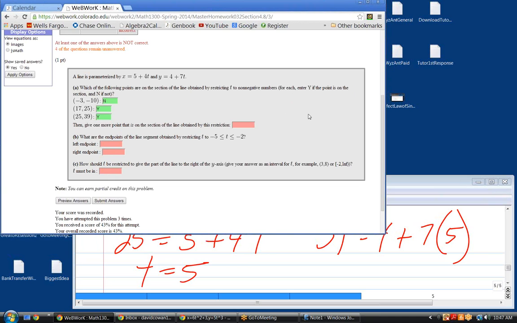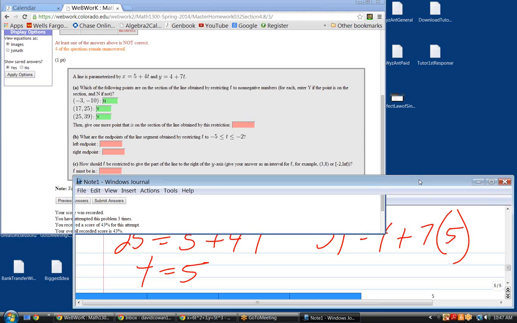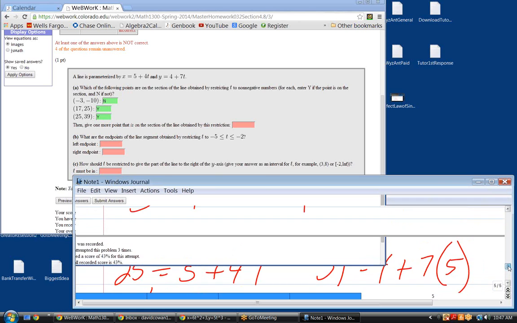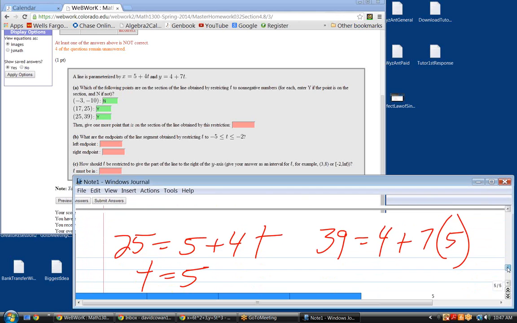Okay, give one more point that is on the section of the line obtained by this restriction. Well, that's easy. What should we do? I don't know how to do that one. Well, we want to find another positive t value. We just looked at t equal 5 and t equal 3.